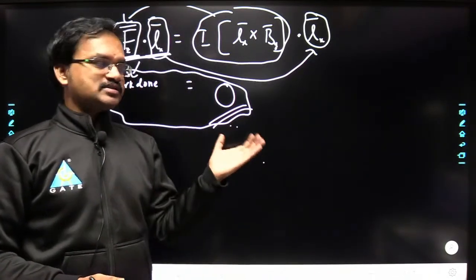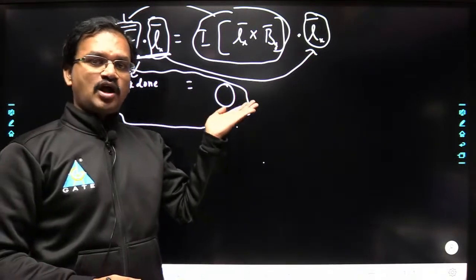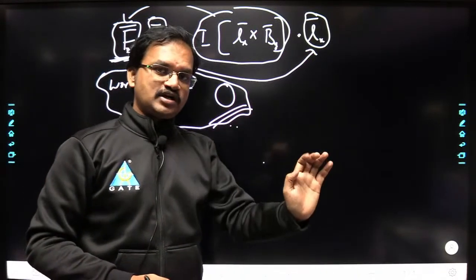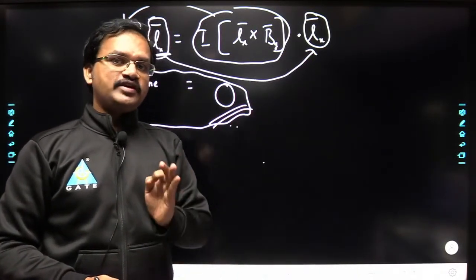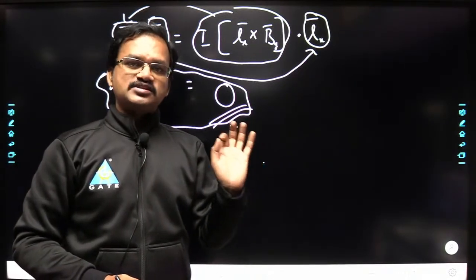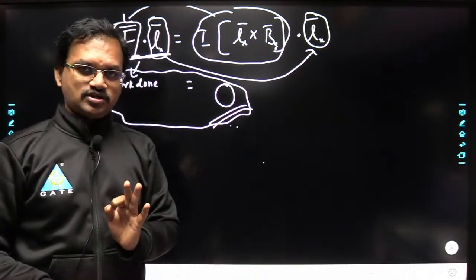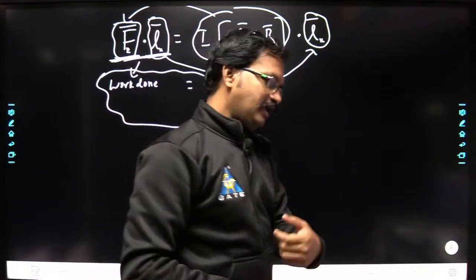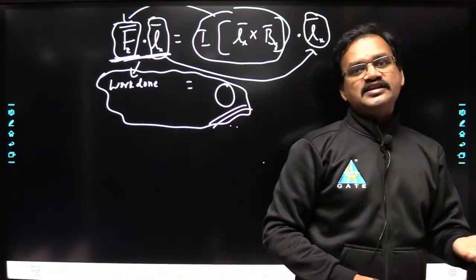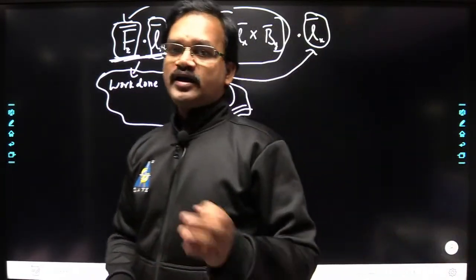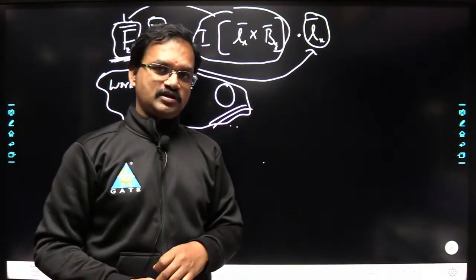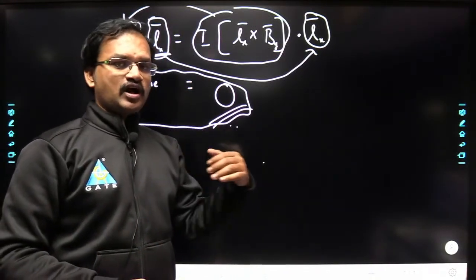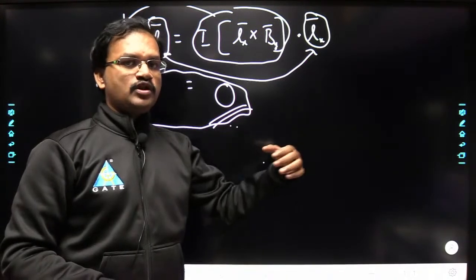Why? Because it is not doing any work on the moving charge. That means the speed of the moving charge will remain the same. This B field will neither increase nor decrease the speed of the moving charge, so the charge will continue to move with the same uniform speed.